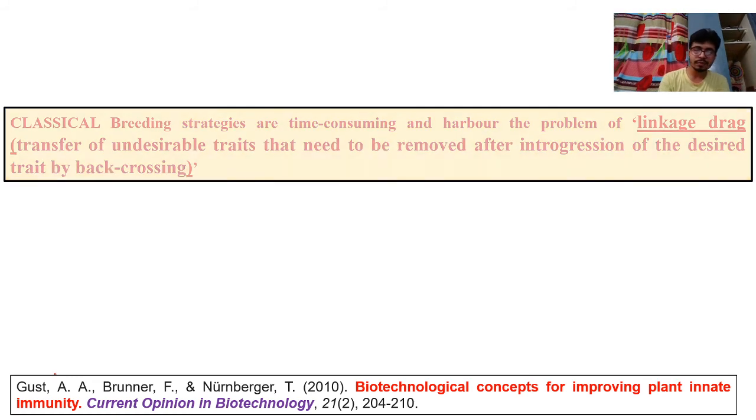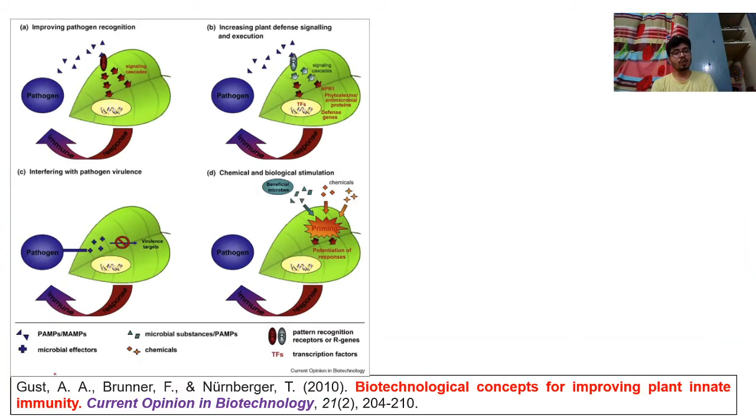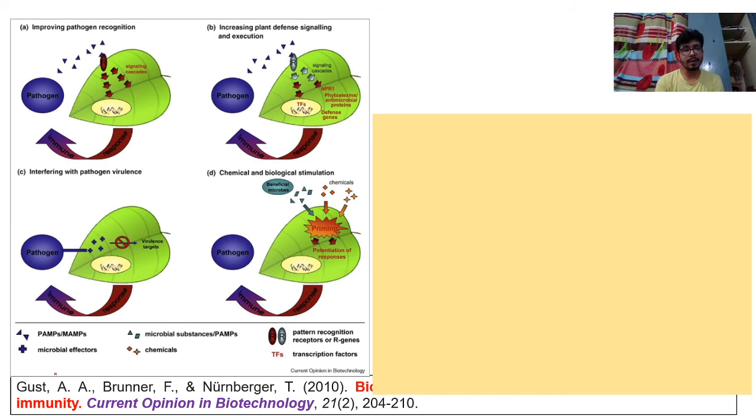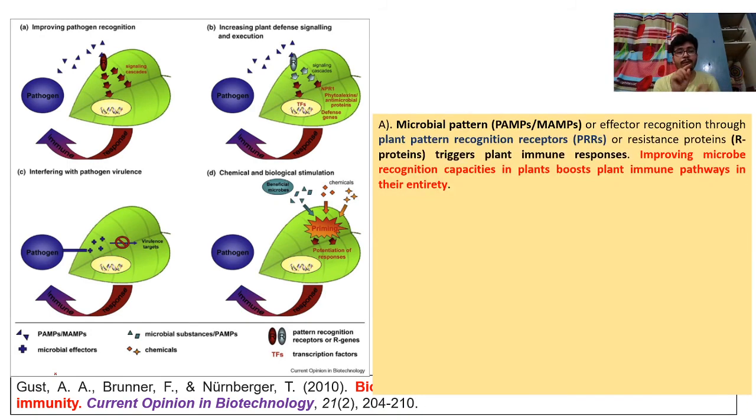Okay, so come to the next. In this paper, first they work on improving pathogen recognition. How can we improve pathogen recognition? Pathogen recognition can be enhanced by PAMP molecules and effector recognition through the plant pattern recognition receptor, PRR.